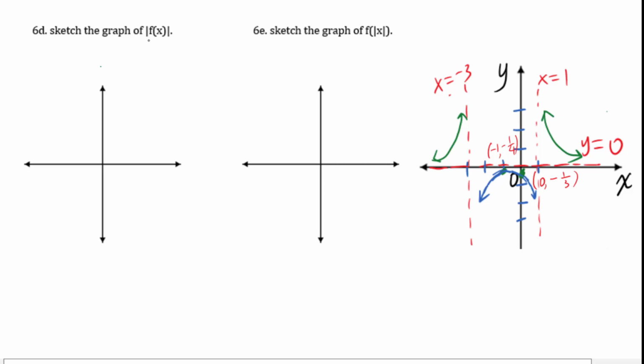Sketch the graph of the absolute value of f of x. Absolute value of f of x means when f of x is greater than 0, the absolute value of f of x will be f of x. So the part above the x-axis will stay.